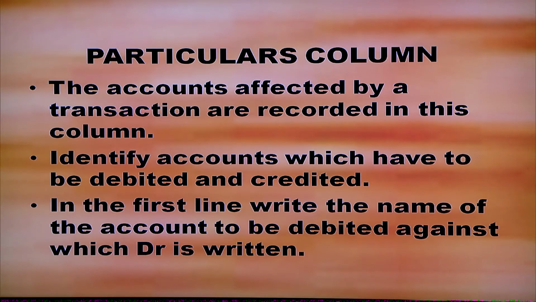The accounts affected by a transaction are recorded in the particulars column. While doing this, we have to identify accounts which have to be debited and credited. In the first line, write the name of the account to be debited, against which DR is written, that is capital D and small r is written.